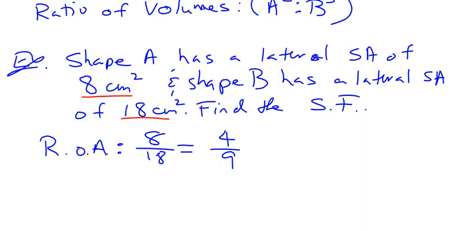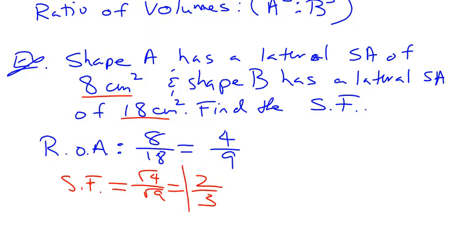If that's the ratio of the areas, how would you go back to my scale factor? Yes, you would square root both sides. My scale factor must equal the square root of 4 over the square root of 9, so 2 to 3. Does that make sense? Now I've found the scale factor.